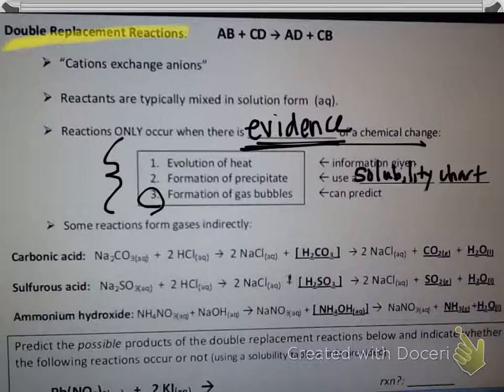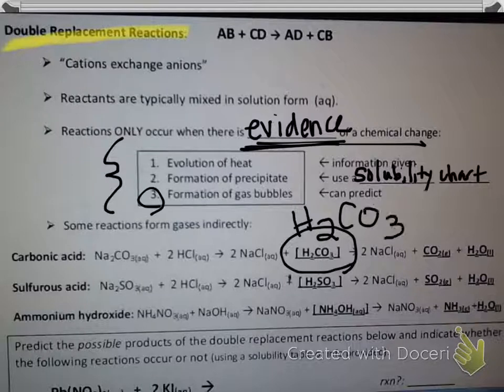If you ever form carbonic acid as a possible product, carbonic acid is H2CO3. That is not going to be stable. It's going to break apart or decompose further to form carbon dioxide and water.